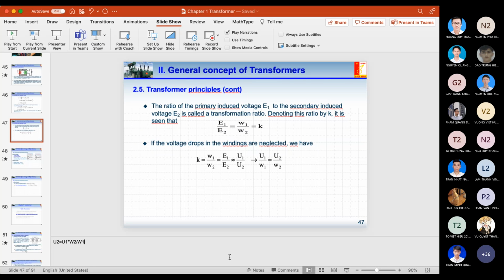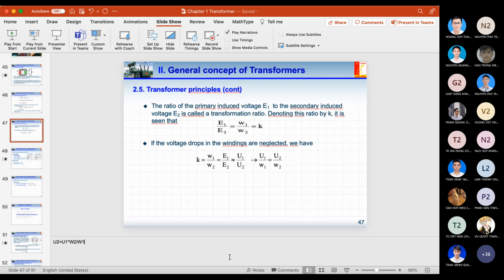So why that? For example, if we are talking about a step down transformer, W1 is connected to the high voltage and W2 is connected to the low voltage, because for a step down transformer the input is normally connected to the high voltage and the secondary winding is connected to the low voltage.